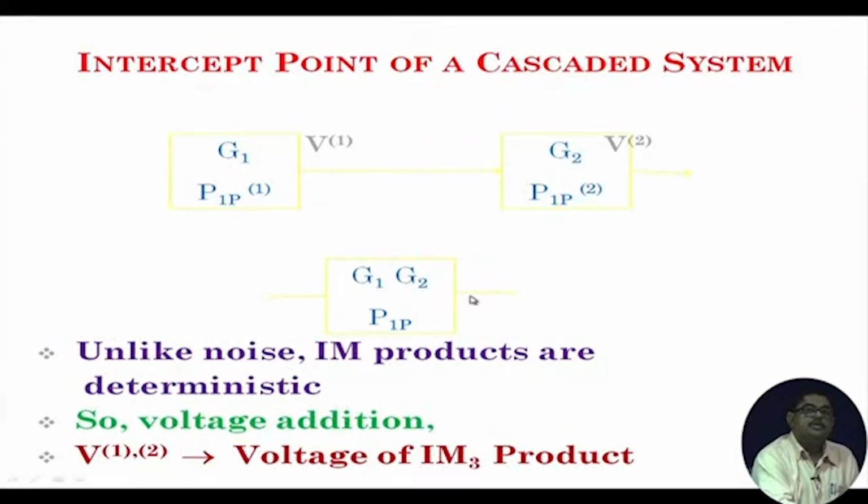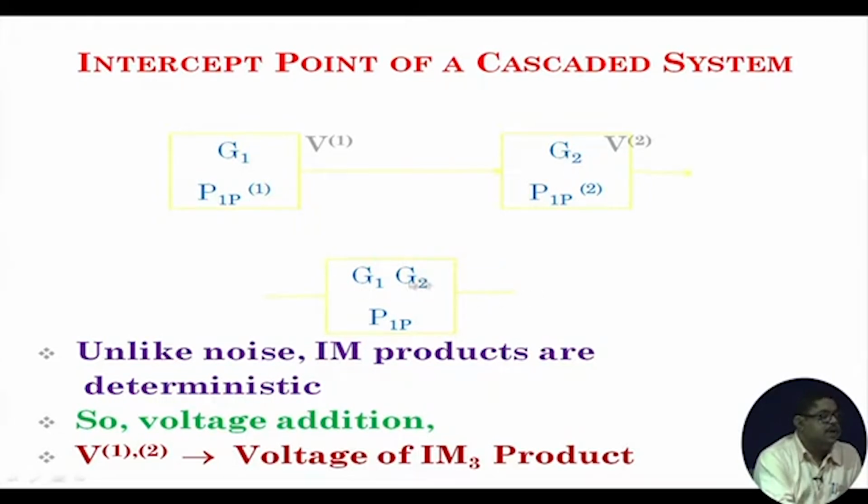Also, you see that if I have a cascaded system, two amplifiers, or one amplifier and one mixer, etc., and they are cascaded. Let the first system have gain G1 and intercept point PIP1, and the second have gain G2 and intercept point PIP2.